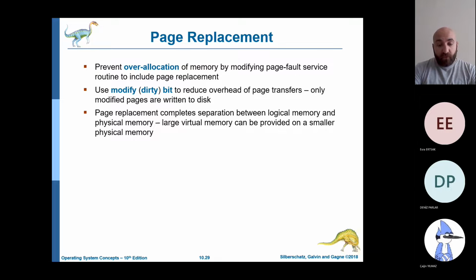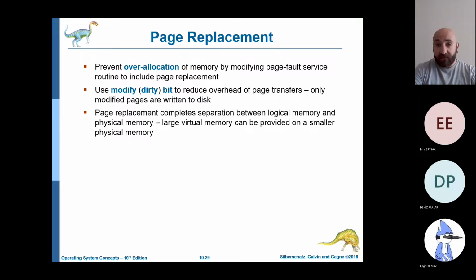The operating system could use standard swapping and swap out a process, freeing all its frames and reducing the level of multiprogramming. However, standard swapping is no longer used by most operating systems due to the overhead of copying entire processes between memory and swap space. Most operating systems now combine swapping pages with page replacement. Page replacement takes the following approach.